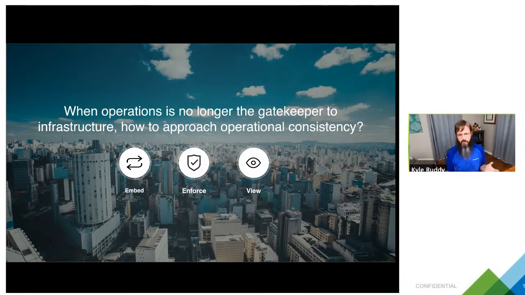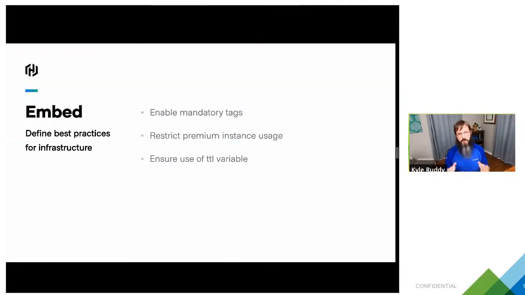So basically, how do we provide that kind of consistency that maybe your standard traditional environment has compared to your infrastructure as code environment? So it kind of breaks down into a couple different areas here. The first one being embed. So, you're taking some of those organizational best practices. These are things that your individual organization has defined and should be used throughout all your environments.